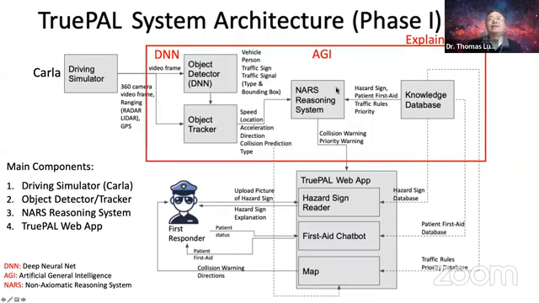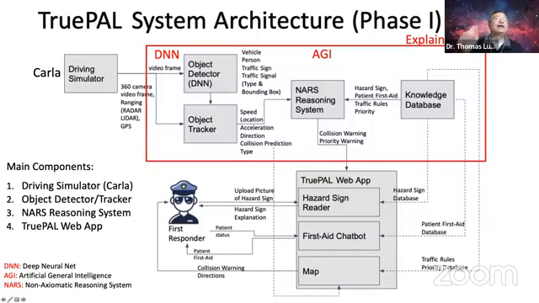And then this NARS reasoning system, taking also from a knowledge database about the priorities, traffic rules, and all this type of information, then gives warnings, either collision or any other warnings. That sends to this web app. The app is on the cell phone, so you can communicate with a chatbot. So you can chat with the first responder.